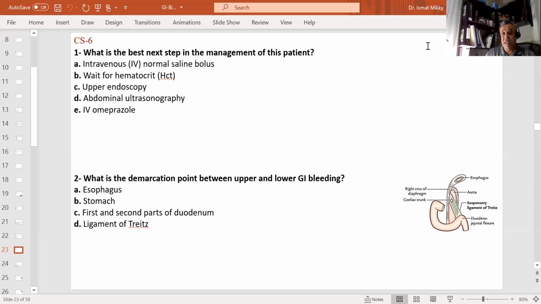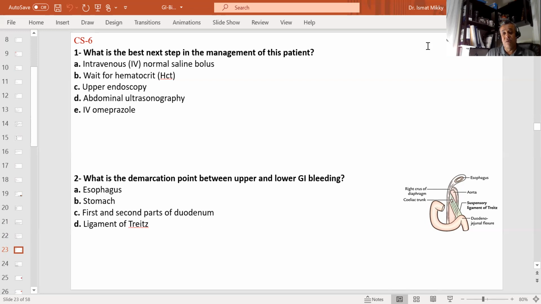So the evidence of tachycardia, hypotension, and orthostatic hypotension shows the patient has an active GI bleeding.